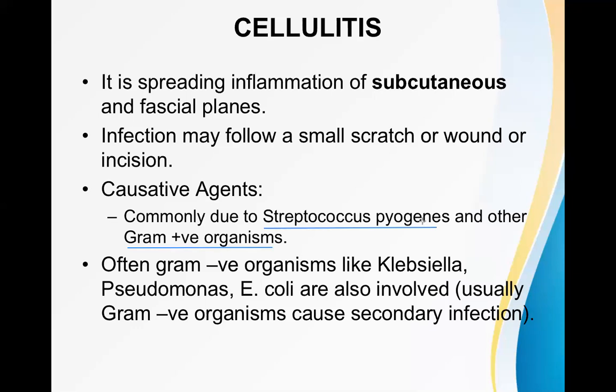What is another name of Streptococcus pyogenes? Group A, beta hemolytic streptococci. This is the short form. Never forget this. This type of question is quickly asked whenever the term comes.